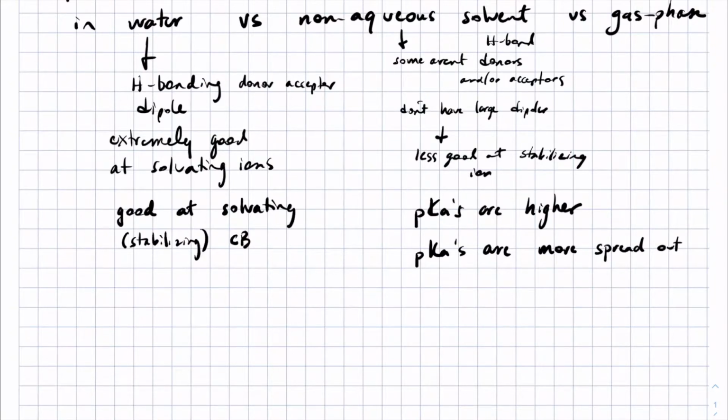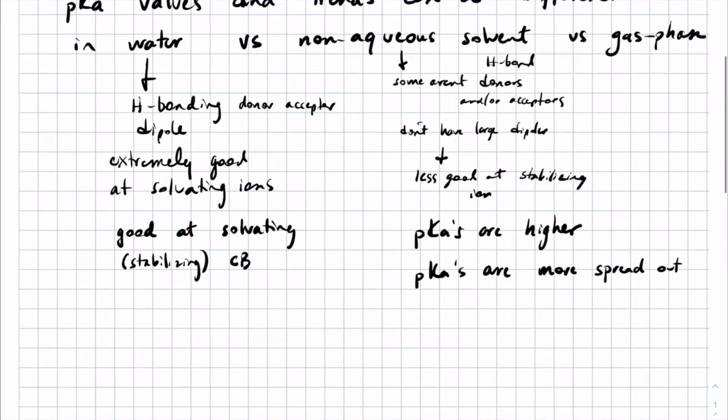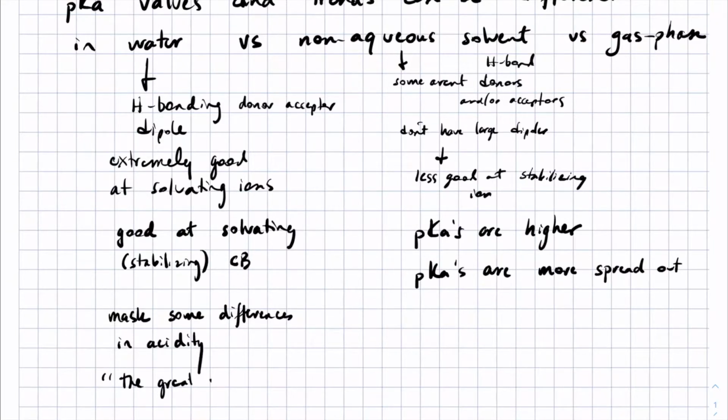And this is because water tends to mask some differences in acidity. It's so good at solvating that some differences in acidity stop mattering quite as much. So you can think of water as the great equalizer, which sounds a lot more noble than perhaps it actually is.